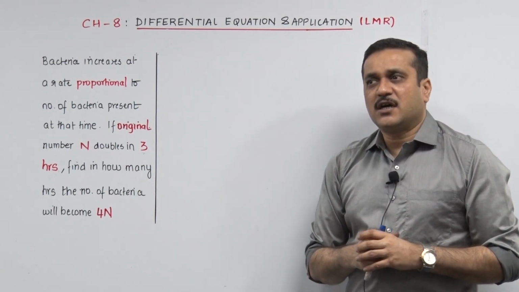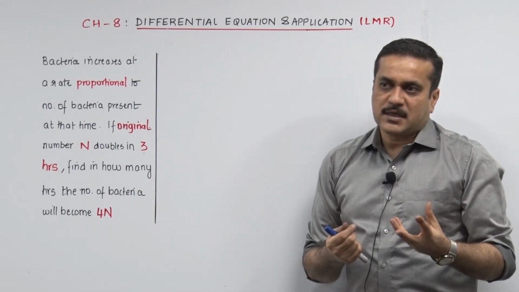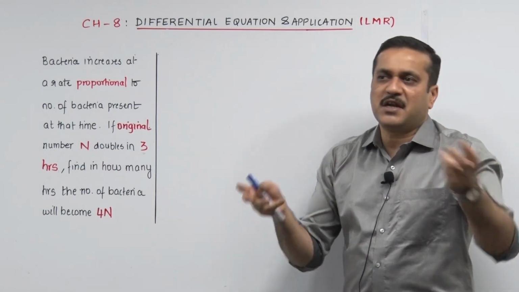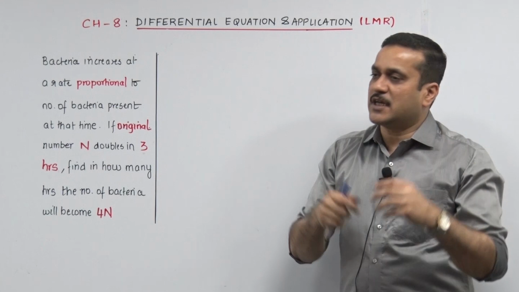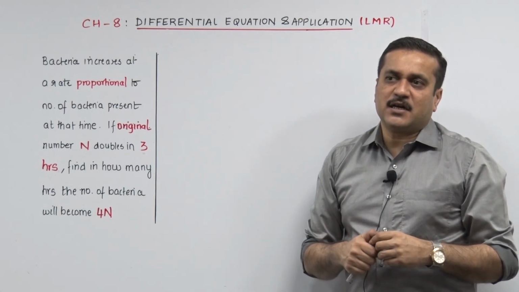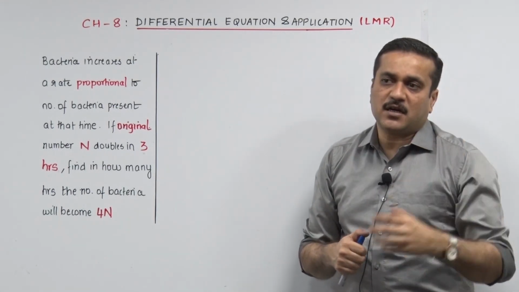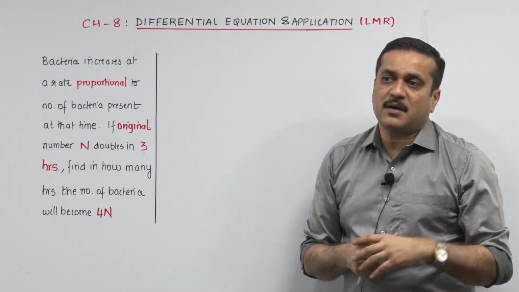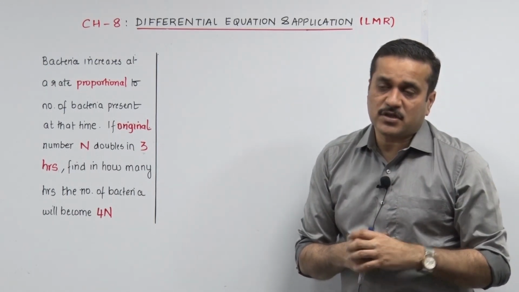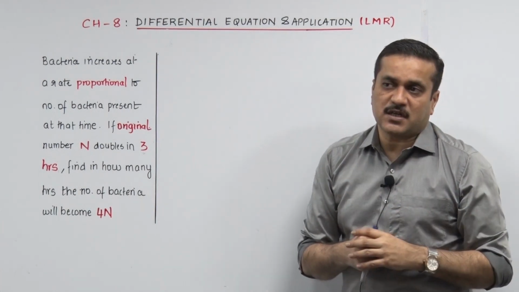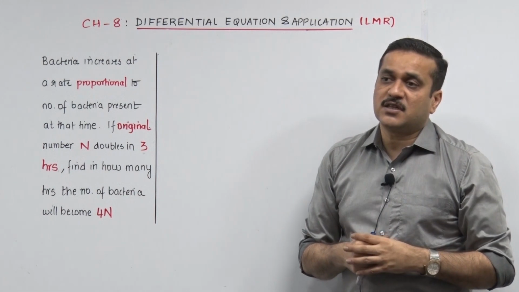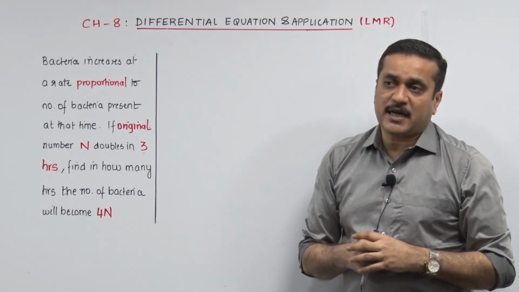Now I think it's biology. If you have, let us say, bacteria in a tray, they will intermingle amongst themselves, and they are going to increase as per that. So it all depends upon the number of bacteria present at that time. The rate at which the bacteria is increasing is proportional to the number of bacteria present in the tray at that given time.